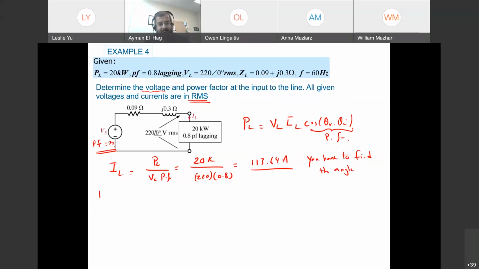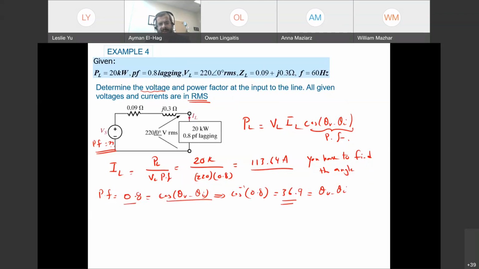We see that the power factor, which is 0.8, is equal to cosine of theta V minus theta I. So taking the cosine inverse of 0.8 is equal to 36.9, and this is equal to theta V minus theta I. I just take the cosine inverse of both sides.